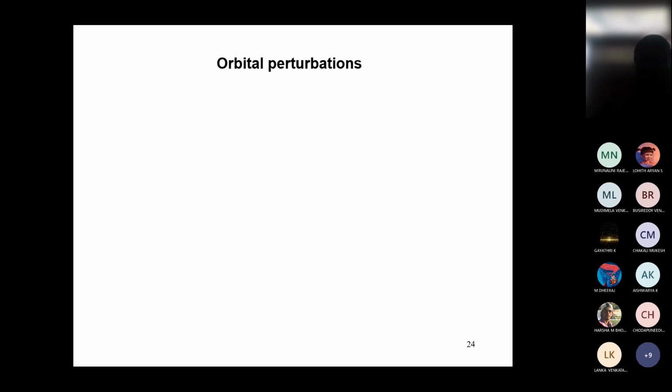Now, what we have discussed till now, the satellite is launched considering the Earth as a sphere, and there is no effect on the satellite when it is rotating around the Earth.